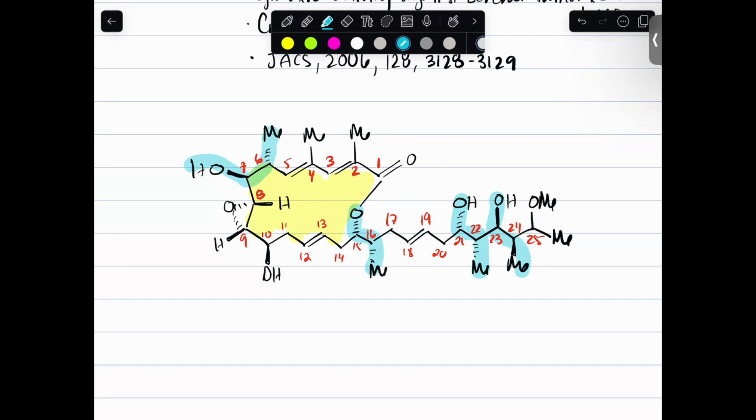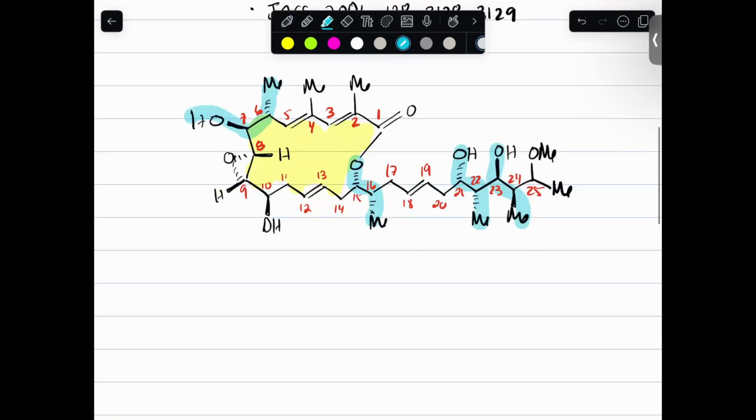Okay. What he did is he broke it into smaller pieces and then broke those molecules into even smaller pieces. And so I won't waste your time with everything. I'll just go ahead and introduce the small pieces, his target structures.